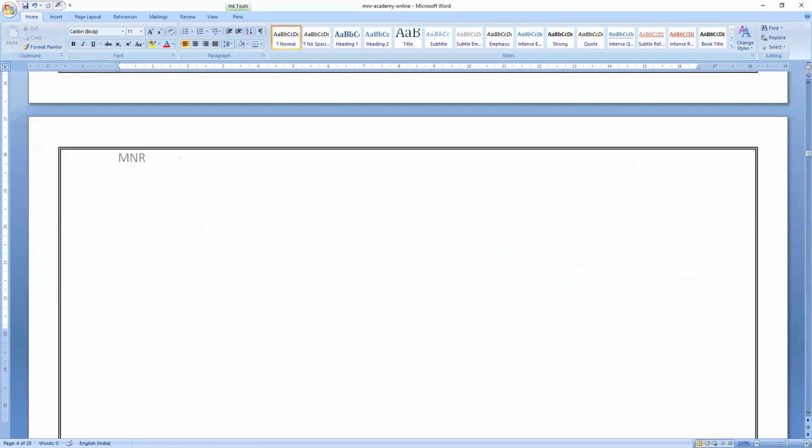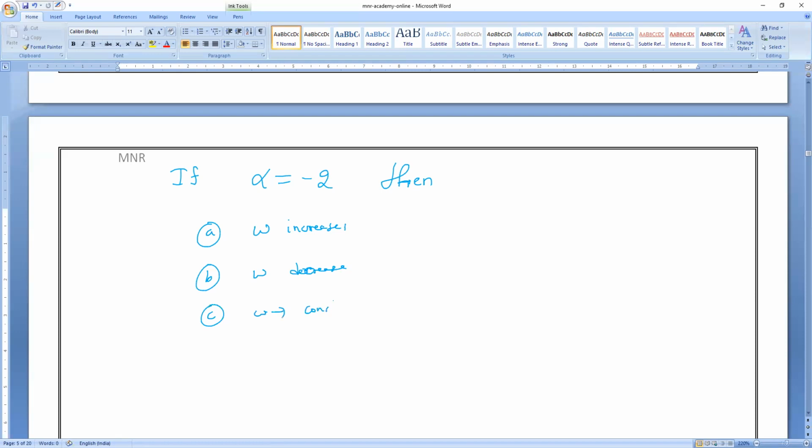For example, if alpha is -2, then all of you check it, everybody. So keep it in mind. Option A, omega increases, or B, omega decreases, C, omega remains constant, and option D, omega can increase or can decrease.